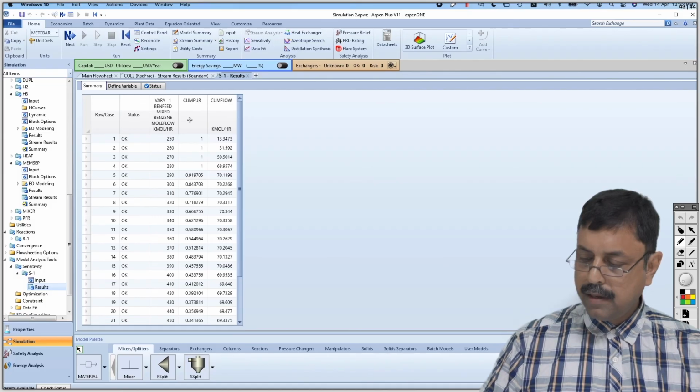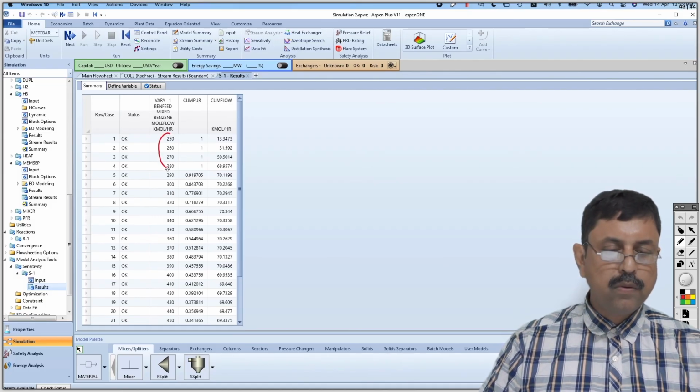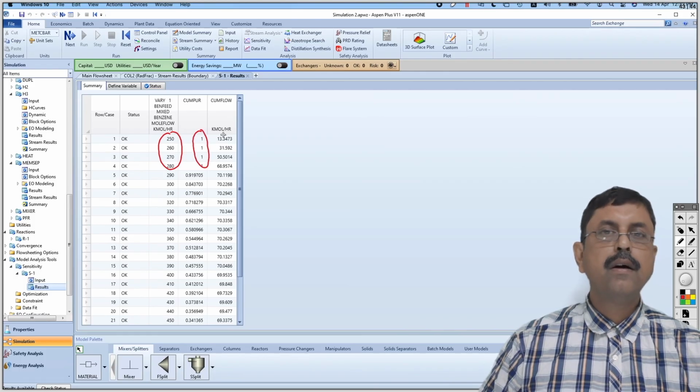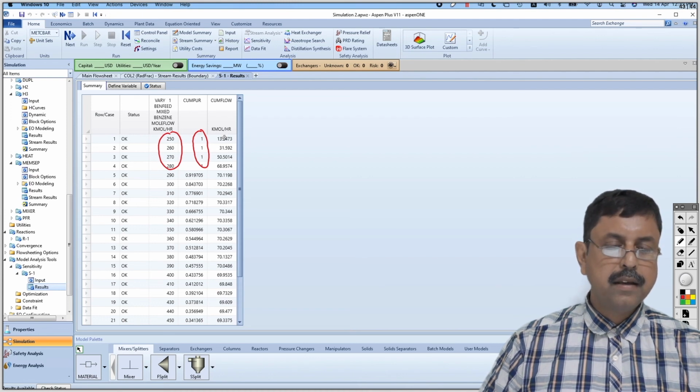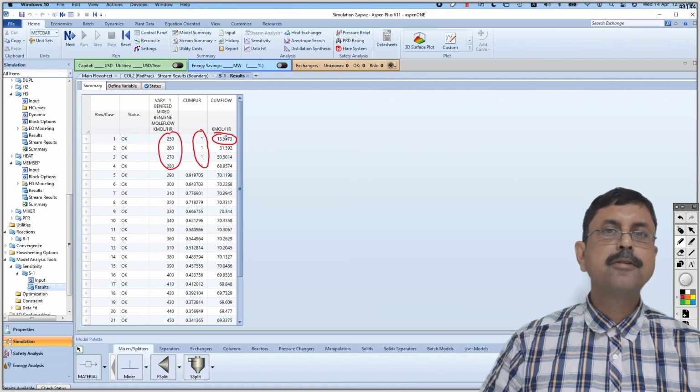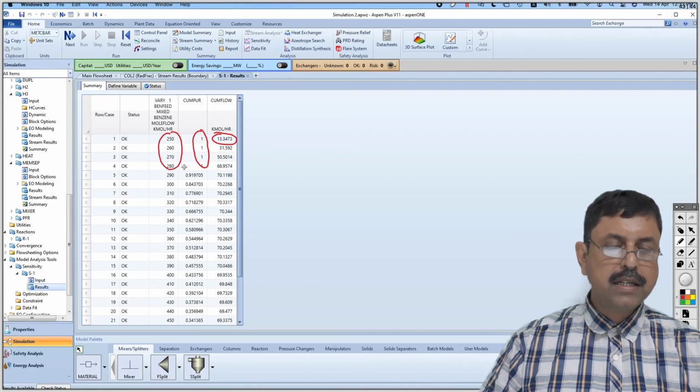When you are sending a very low flow rate, your cumene purity is 1, that is 100% pure. But in the bargain, your flow rate decreases. Up to 280 kilomole per hour, your purity of cumene is within the limit, and your flow rate is 68.954.